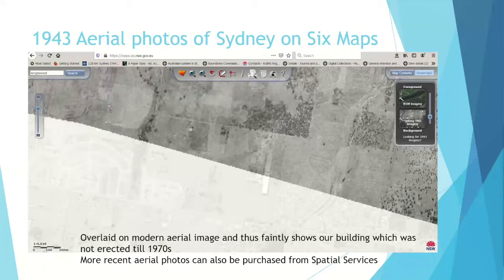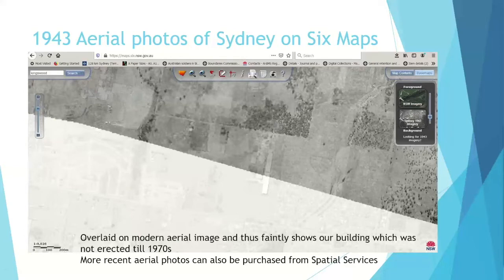This is the 1943 aerial photographs of Sydney, available on SIX Maps, and you can superimpose them on the present-day map. So here you can see our building, even though it wasn't built until the 1970s, and the land surrounding it as it was in 1943.